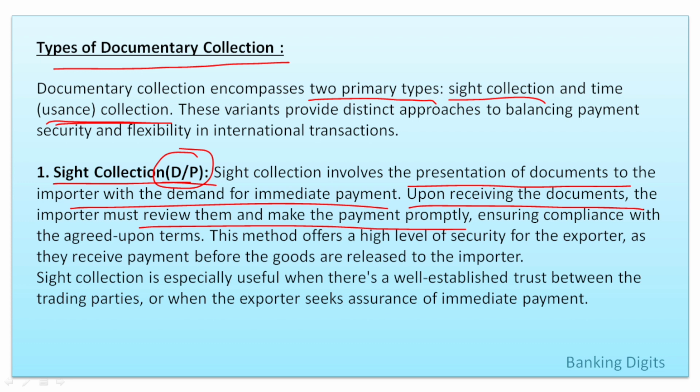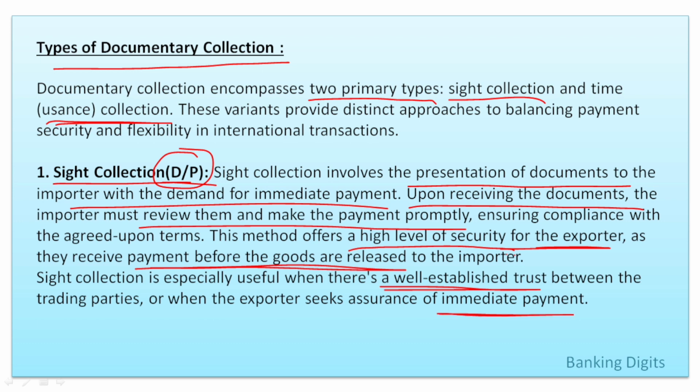This method offers a high level of security for exporter as they receive payment before the goods are released to the importer. Sight collection is especially useful when there is a well established trust between the trading parties or when the exporter seeks assurance of immediate payment.